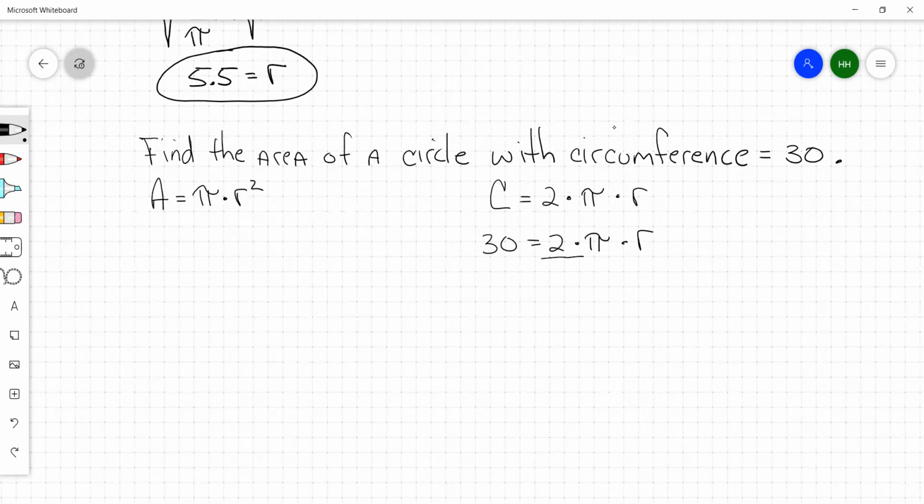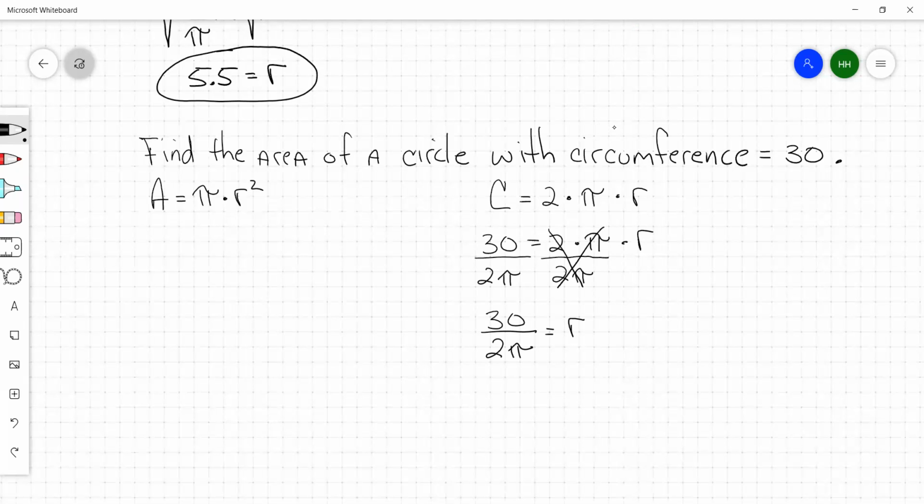If you divide both sides by 2 times pi, these 2 times pi's cancel on this right side. So 30 divided by 2 pi is equal to the radius.